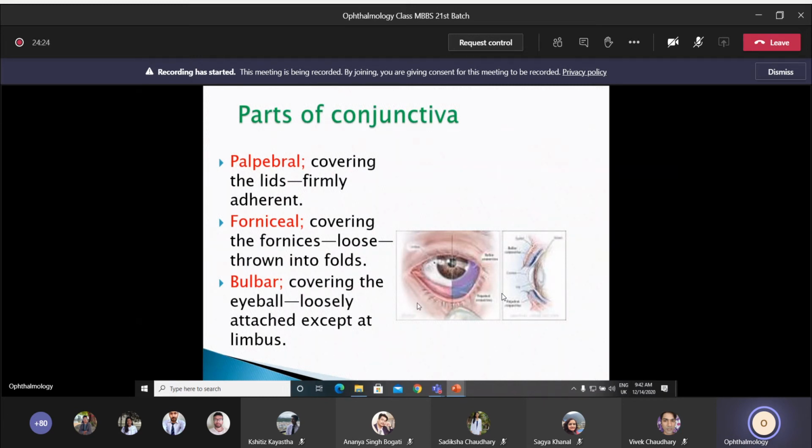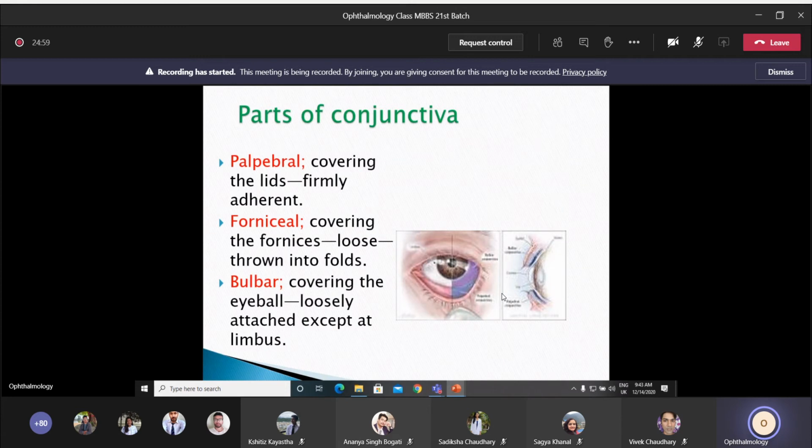In order to see the palpebral conjunctiva, you have to bring down the lower lid, pull it down to a slight extent, so you can see the lower palpebral conjunctiva. However, to see the upper palpebral conjunctiva, you have to evert the upper eyelid. That means you turn it over and look for changes in the palpebral conjunctiva, the one which covers the lid.